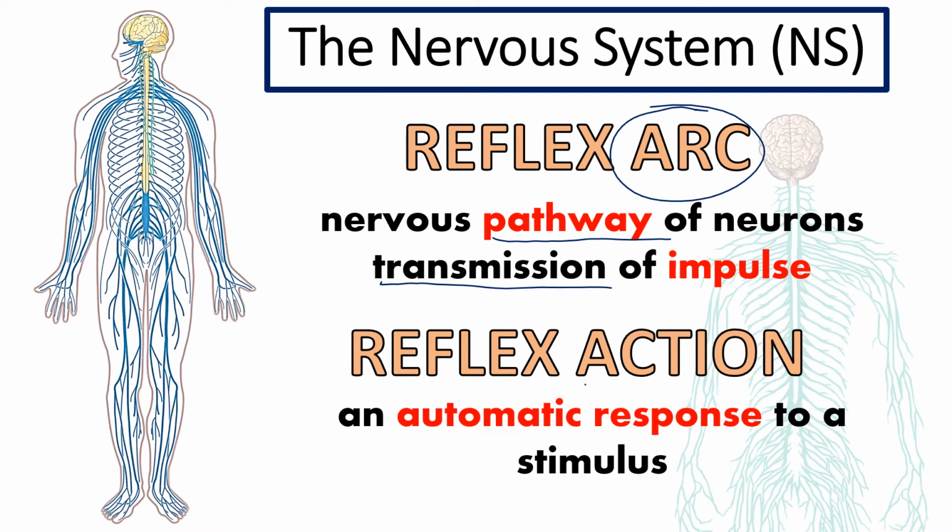As the name suggests, it is the action or response performed by the effector organ. The reflex action is an automatic response to a stimulus, and it is also unconscious. We cannot decide, we cannot think, and it just happens very fast and automatically.